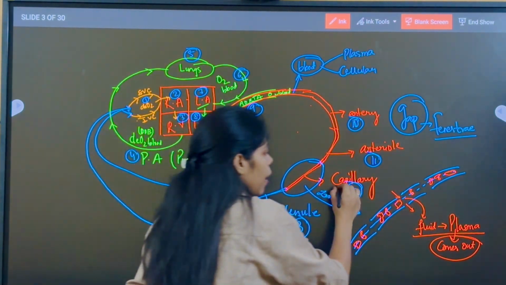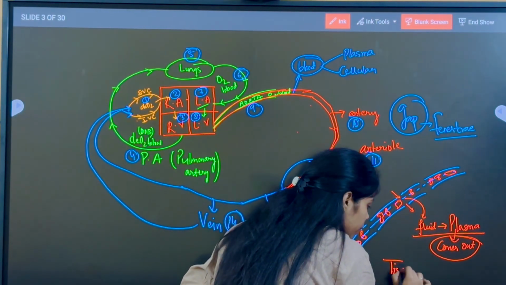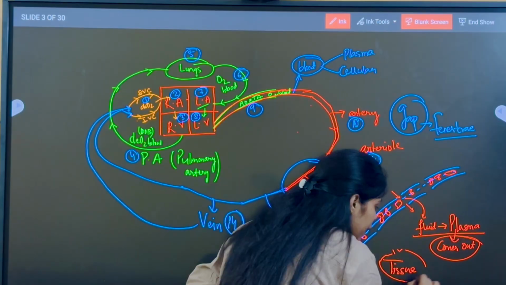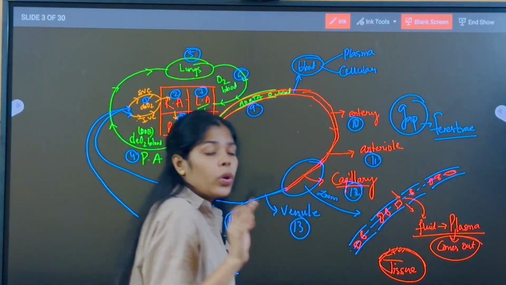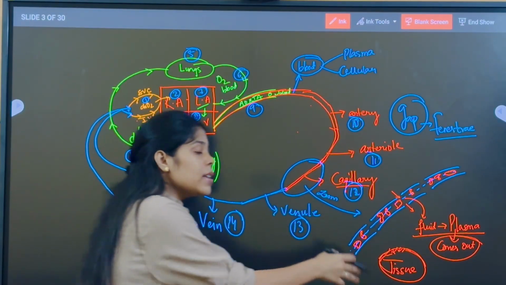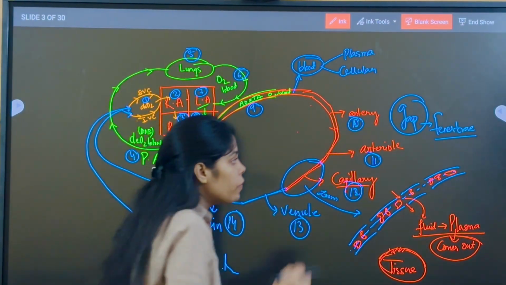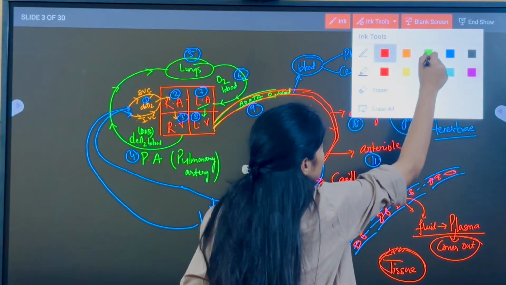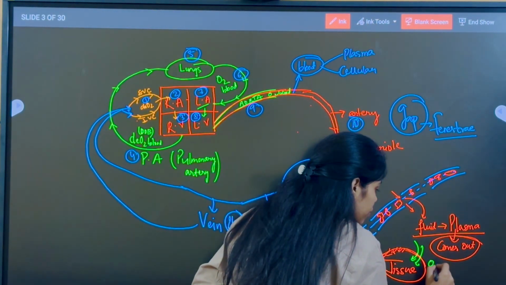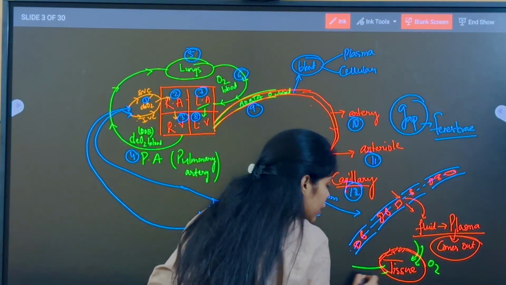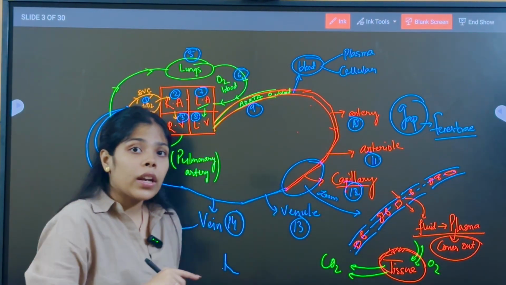Now near the capillary, somewhere here we can have tissue. So this tissue, what do you all think, कि क्या इस टिश्यू को ऑक्सीजन का जरूरत होगा? Obviously होगा. So this tissue might need oxygen, and in return it will give out carbon dioxide. So ये exchange करवाना होगा.